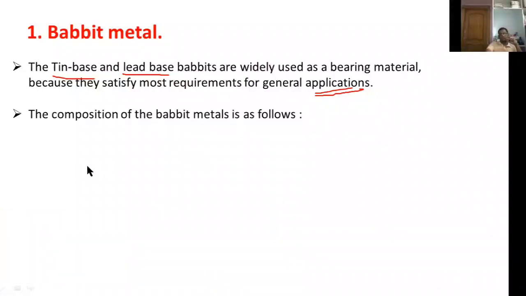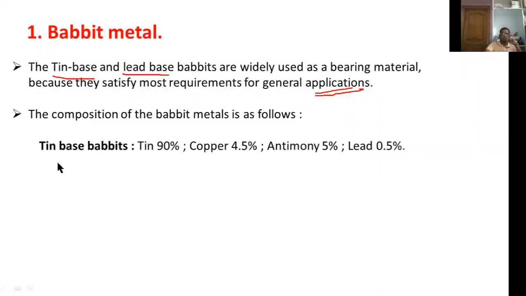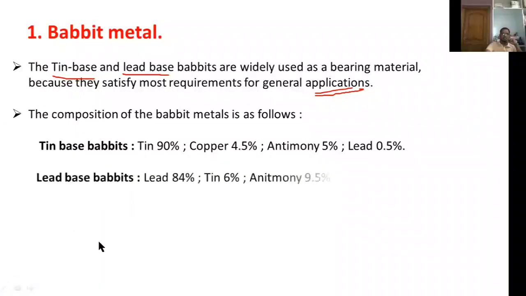Now, the composition of the babbitt metals: first one is tin base babbitts and the second is lead base babbitts. Tin base babbitts contain 90% tin, 4.5% copper, 5% antimony and 0.5% lead.